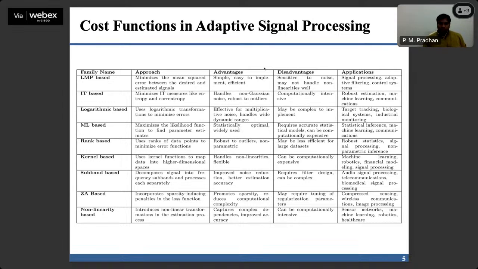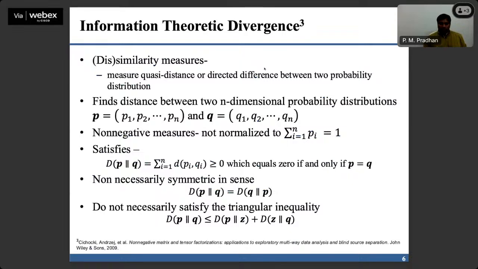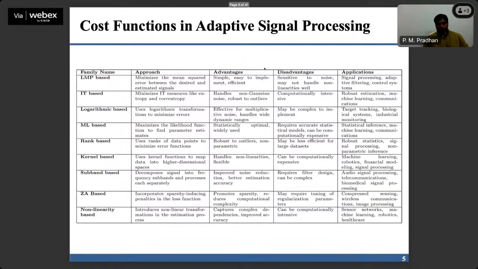Among these cost functions, the second row corresponds to information theoretic based cost functions. The approach is based on minimizing some information theoretic measure. Information theory links to entropy, core entropy measures, and you can use any of these information theoretic measures to design the cost function.